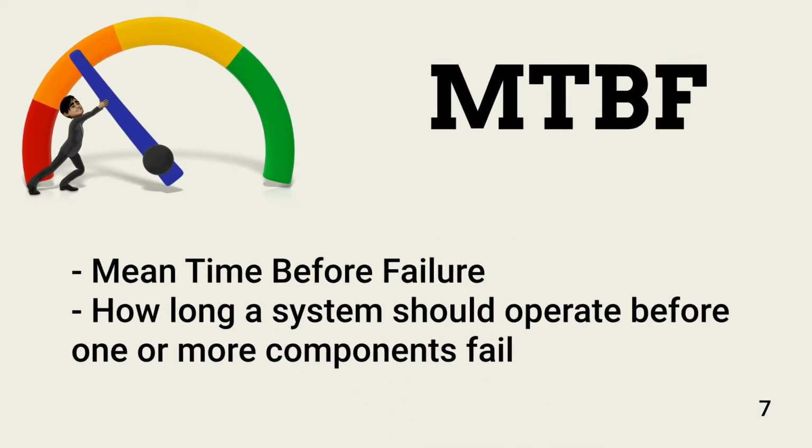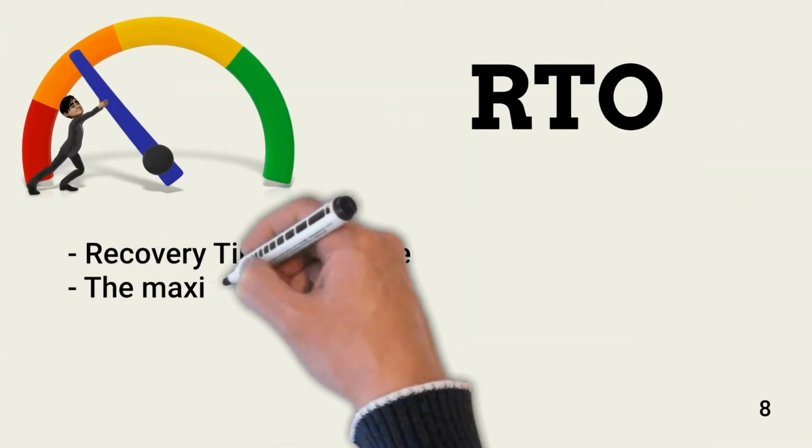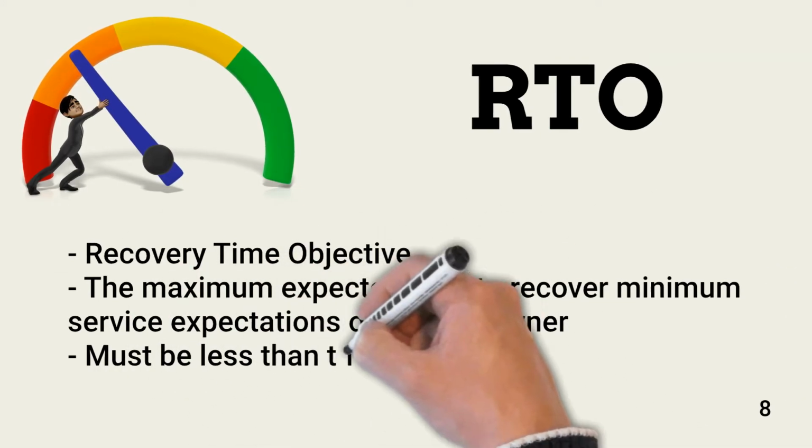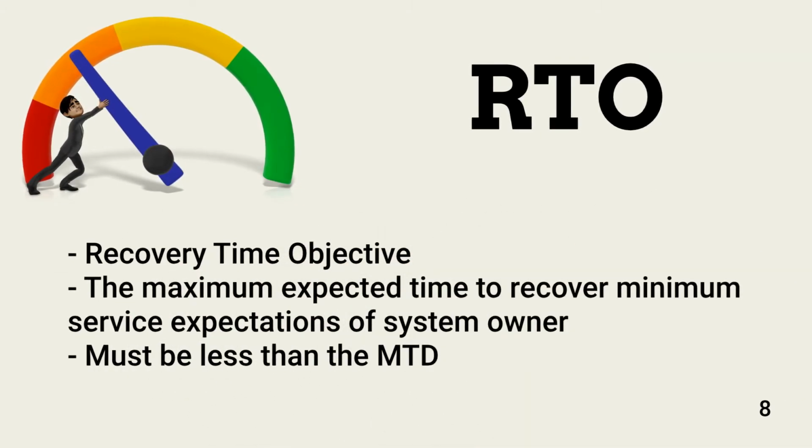From a business function perspective, how long can a business function operate until partially or fully interrupted? The recovery time objective, or RTO, is the length of time needed or expected to achieve the recovery point objective. It must be less than the MTD.